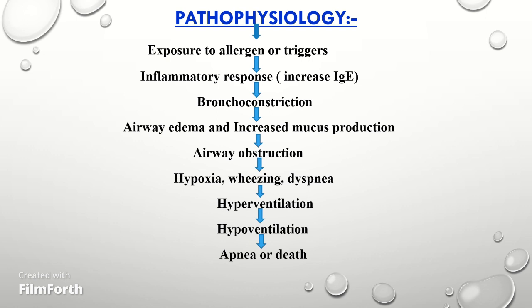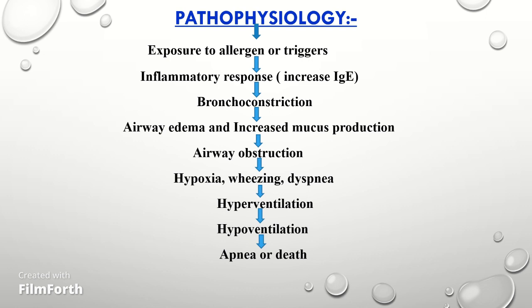First, due to exposure to allergens or triggers such as dust, smoke, pollens, our immune system starts to activate, which leads to an inflammatory response due to the increase of immunoglobulin E, and that leads to infiltration of mucosa and epithelium with activated mast cells, T cells and eosinophils and results in bronchoconstriction.